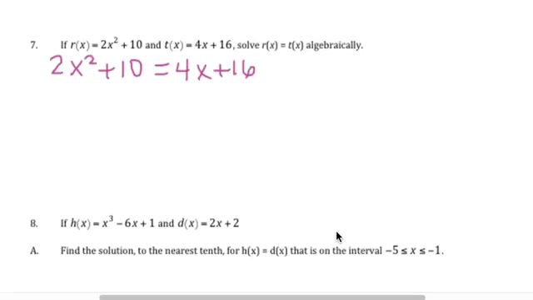There are 3 ways you can solve quadratics. These don't get solved the way we solve linear functions, where you can just add, subtract, multiply, and divide. Not quite as easy as that, because we have the x squared and we have the x here. Who remembers one of the 3 ways we find the zeros or the roots? Kiana? The quadratic equation is one way. Who can tell me another way?